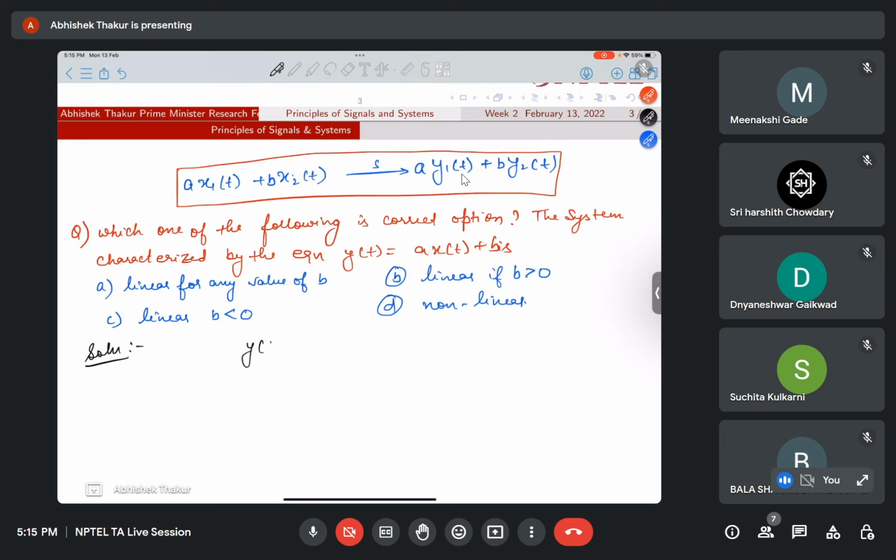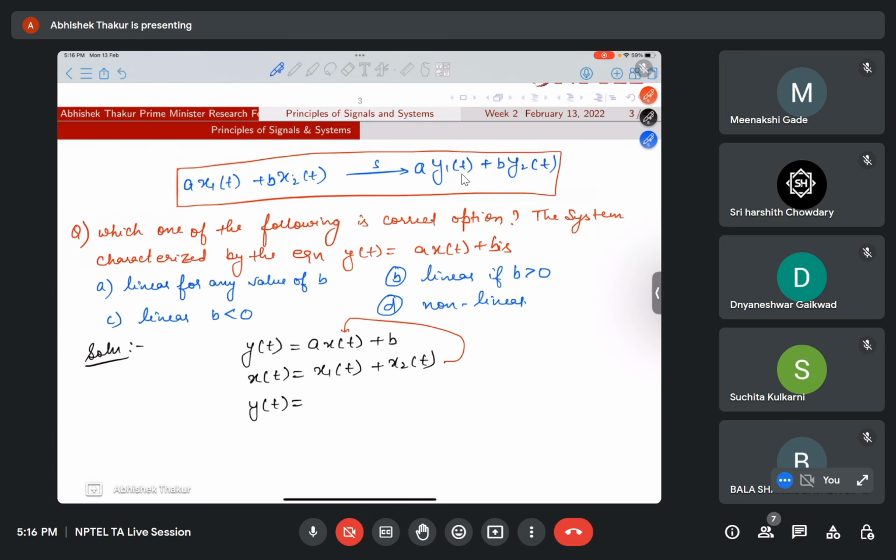So here it is given y(t) is equal to a x(t) plus b. Now to check whether the system is linear or non-linear, let's suppose we take the input as x(t) is equal to x1(t) plus x2(t). Then our output y(t) we get by substituting this into the first equation, that is a x(t) plus b.